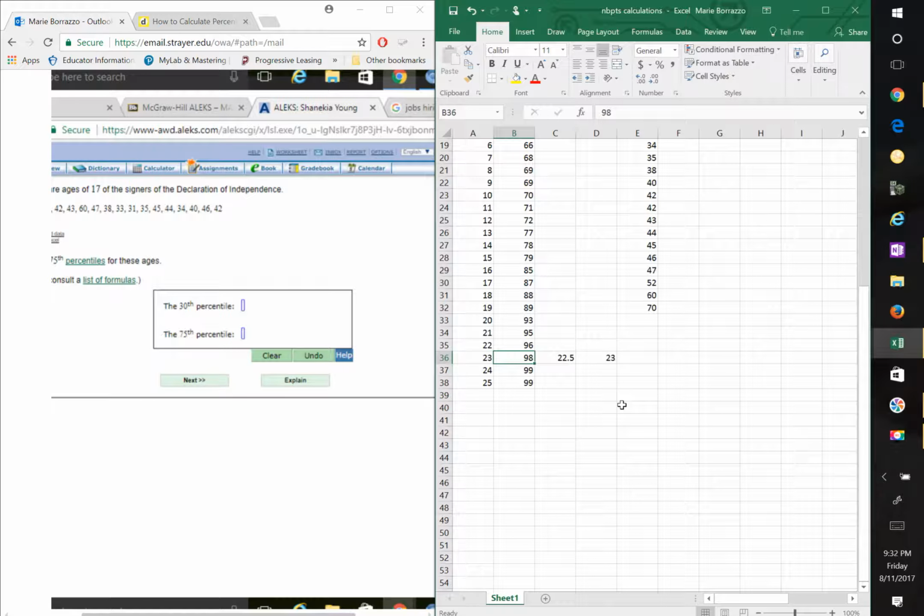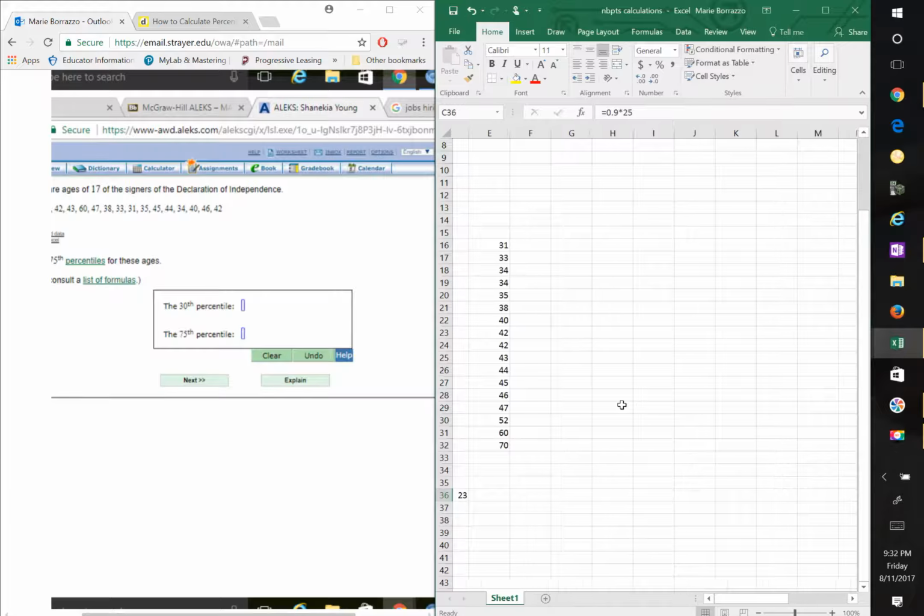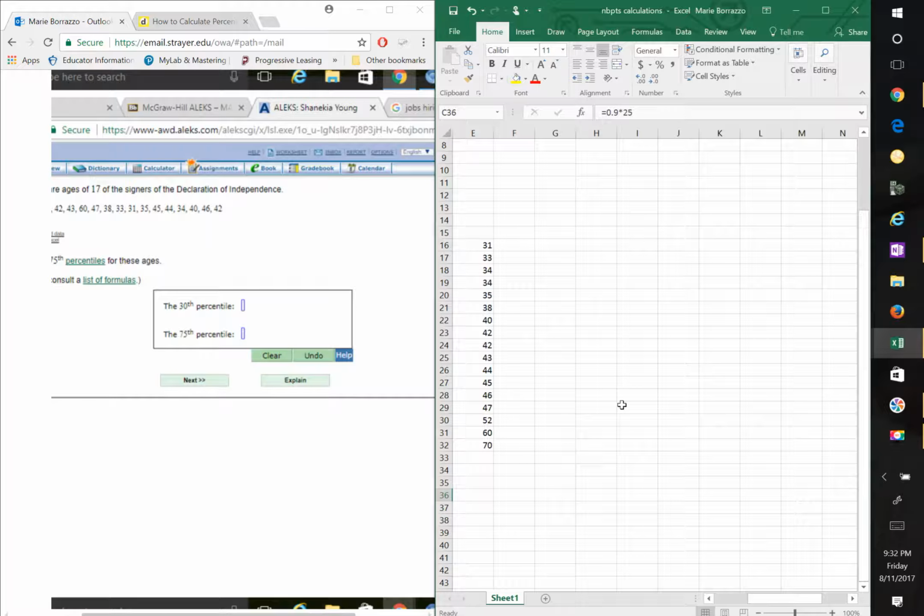So for this example, this is what you have for your numbers. Starting with 31, 33, and so on, you have a total of 17 numbers. So if I were to rank the numbers, it would look like 1, 2, 3, 4, 5, 6, 7, 8, 9. Then you have 10, 11, 12, 13, 14, 15, 16, and the last number 17.